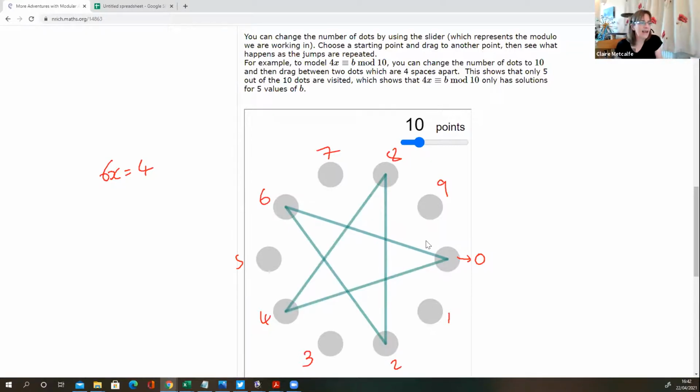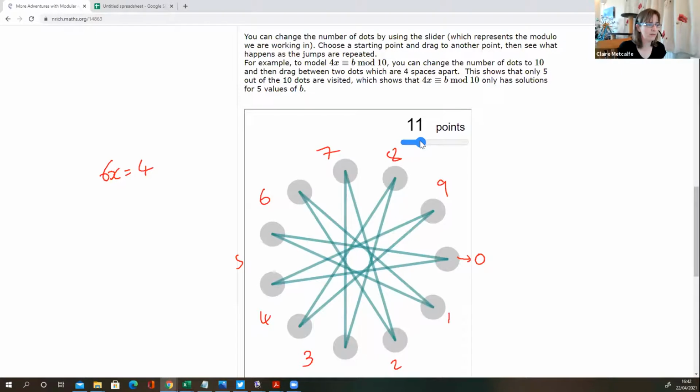And then you can see that it has hit 4. So we know there's a solution to 6x is equivalent to 4, but it hasn't hit 7. So there's not a solution to 6x equals 7. However, if I change it to 11 points, now my numbers are all in the wrong place, but it does hit every single point.